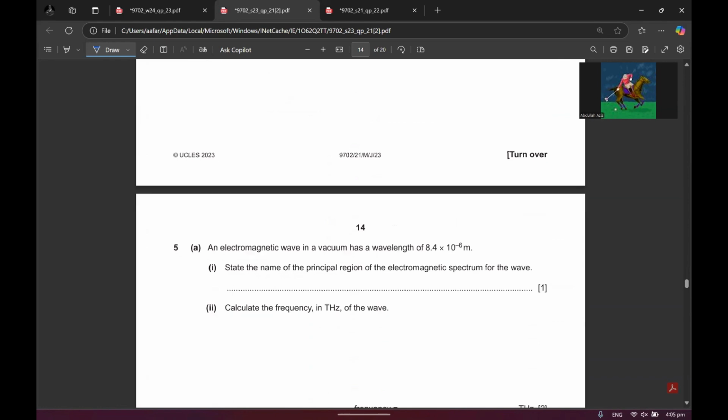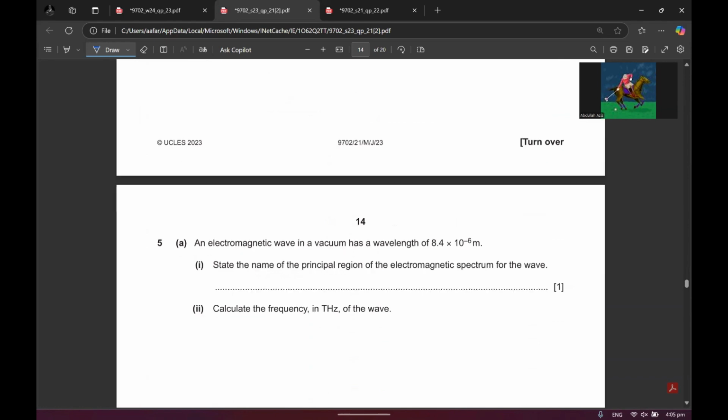Okay. Question number 5. An electromagnetic wave in a vacuum has a wavelength of 8.4 times 10 power negative 6. State the name of the principal region of the electromagnetic spectrum for the wave. So basically, you need to know the varying frequencies of the different types of electromagnetic waves.